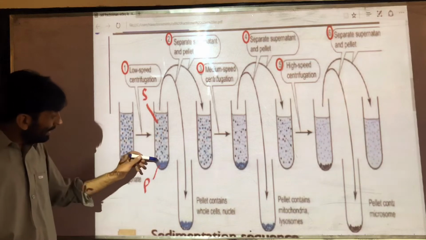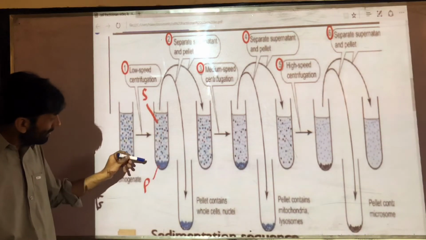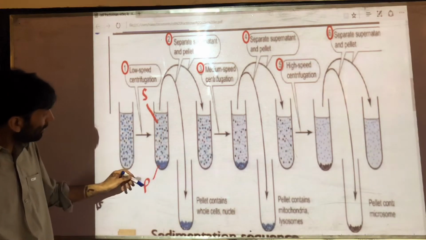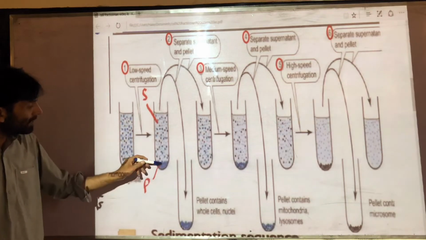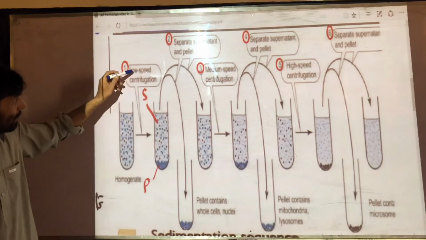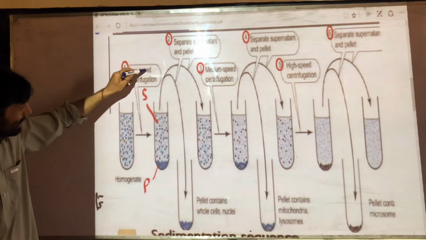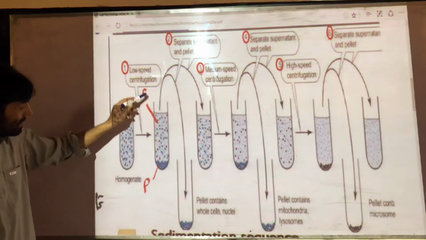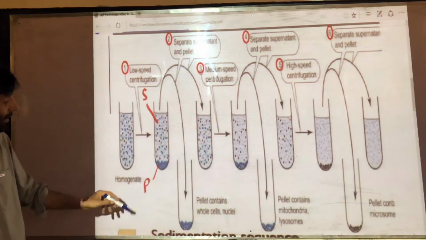Now, usually in this pellet we can find large size particles, because at low speed only large size particles can settle down.